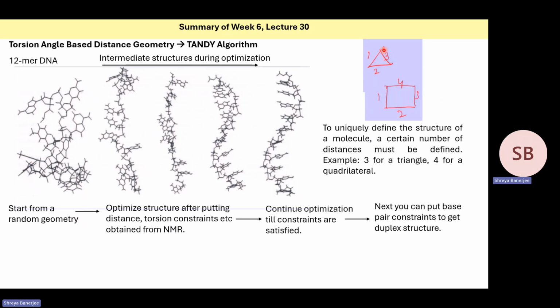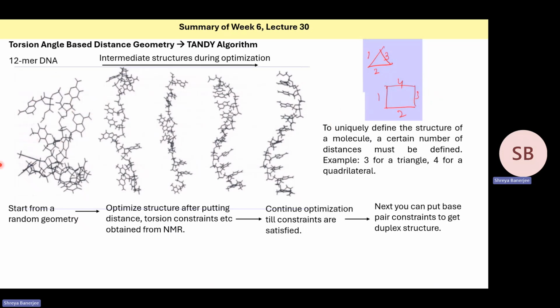Suppose you want to uniquely define a triangle, you will need to define the distances of all three sides. Or to uniquely define a quadrilateral, you have to define the distances of all four sides. So similarly, there are a certain number of minimum distance constraints that are needed to uniquely define the DNA structure.